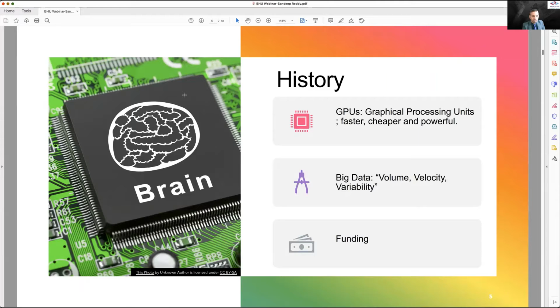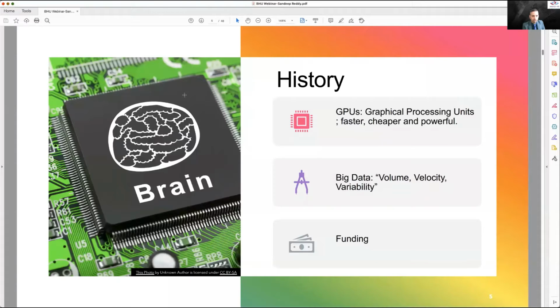The other key reason why we see a lot of attention paid to artificial intelligence is the emergence of big data. Big data is characterized by volume, velocity, and variability. Whether it's in medicine or in other sectors, we see a huge amount of data being accumulated, and traditional algorithms or software programs can't necessarily analyze that kind of huge amount of data.